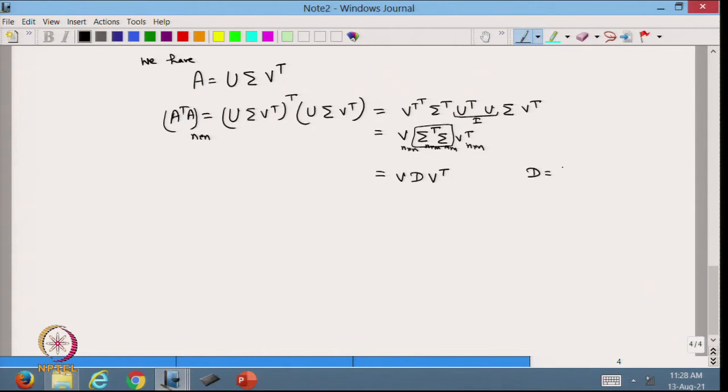where D will be, in this case, sigma 1 square up to sigma n square, because I know that A transpose A is a symmetric matrix and it is positive definite, and these are the eigenvalues.